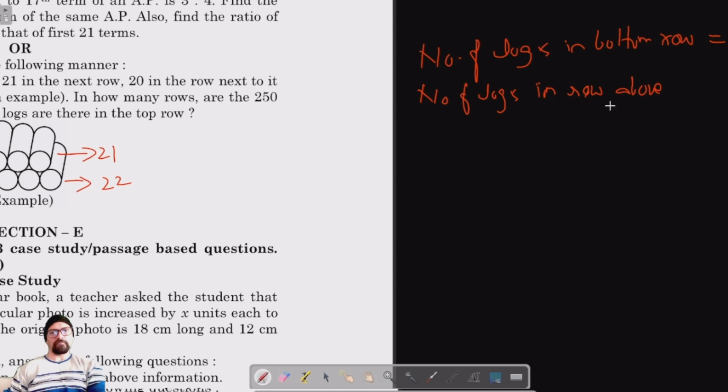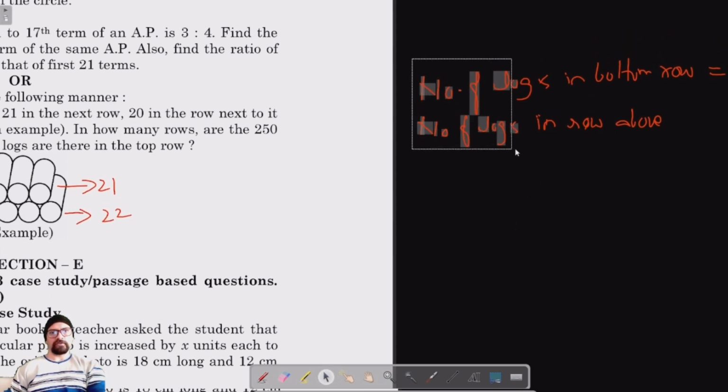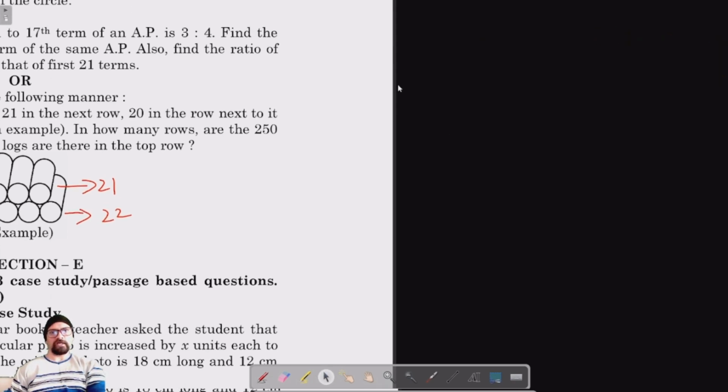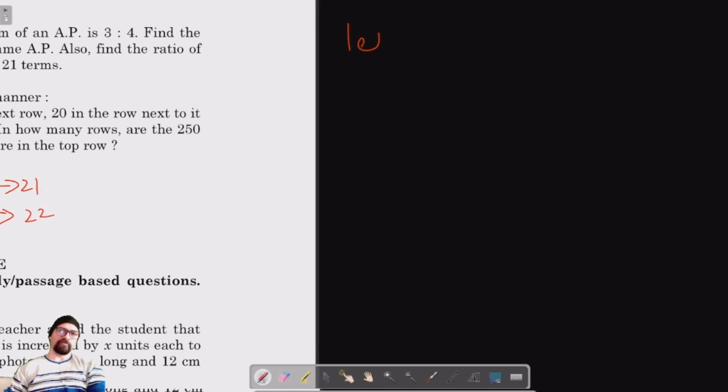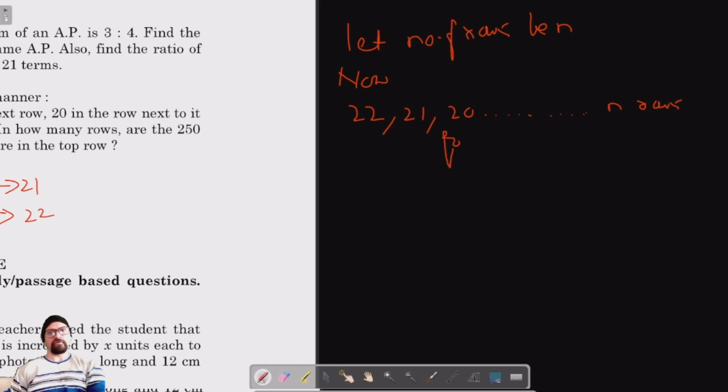Let the number of rows be n, and the number of logs in each row, 22, 21, 20 up to n rows, forms an AP.